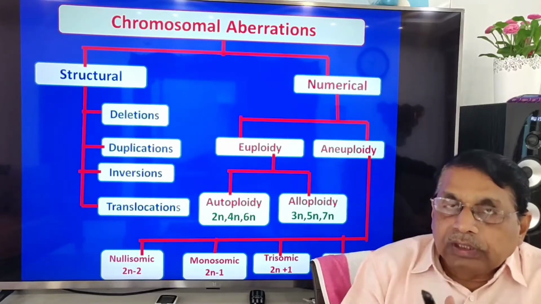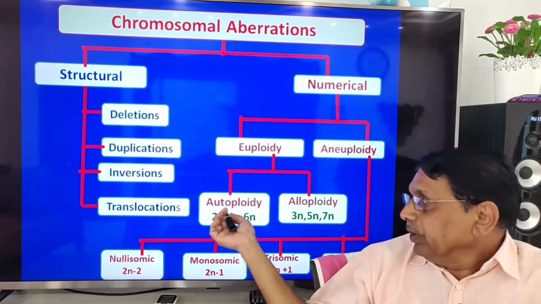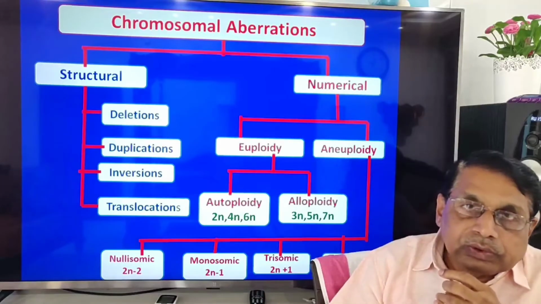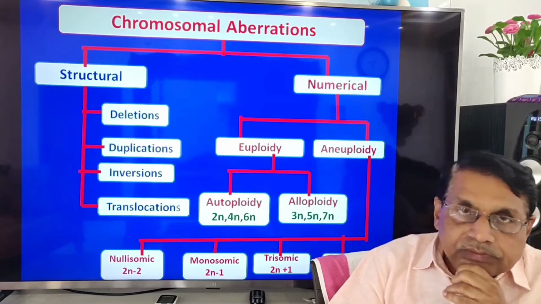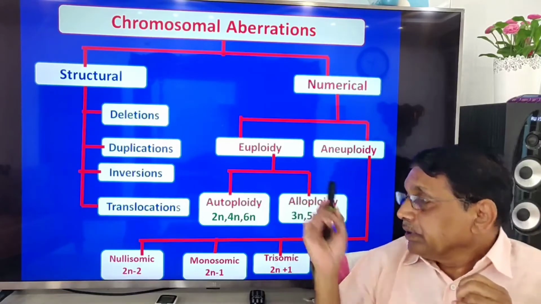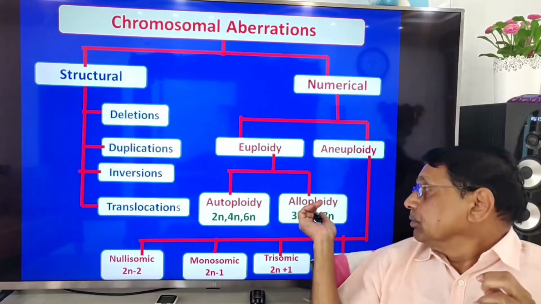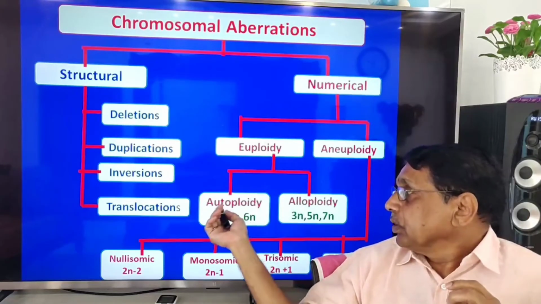Suppose you take Drosophila, which has 8 chromosomes. 2n means 16, 4n means 32, 6n means 48. Here 3n means 24, 5n 40, like that.